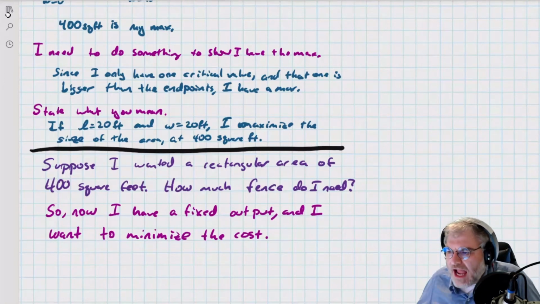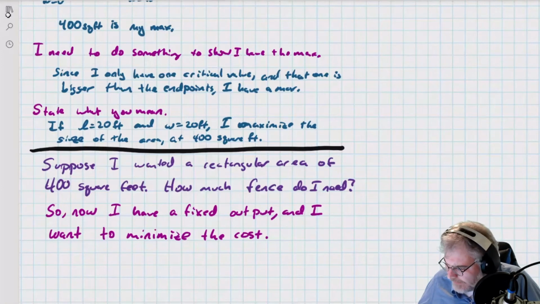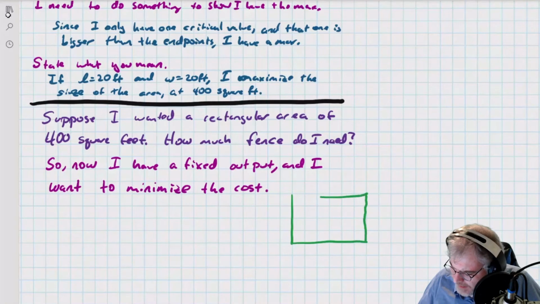Okay, so how could I get at this? I've got a fixed area. I know I want a fence, and I know it's going to have some length and some width.